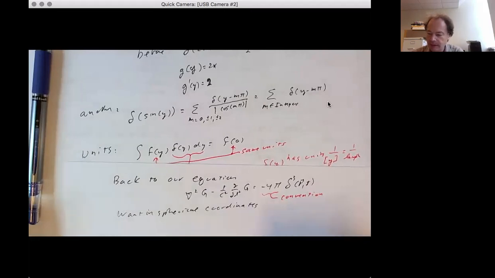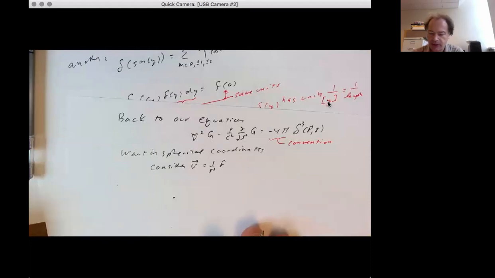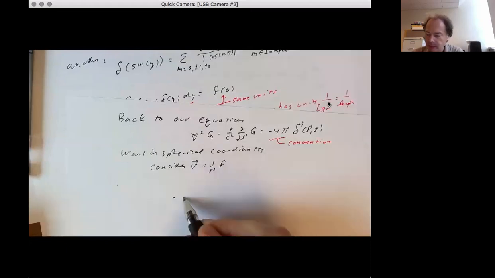So let's consider V is equal to 1 over r squared r hat. So what does that mean? That means that if we take the origin here, it's pointed away, and it goes as 1 over r squared.